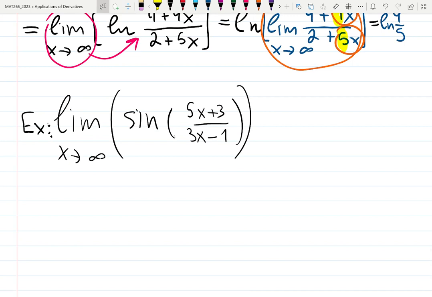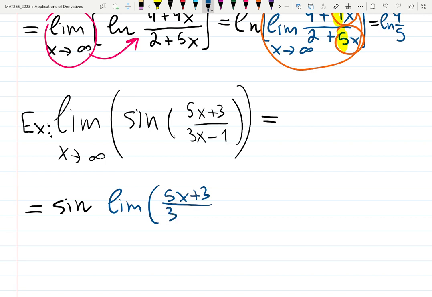How about this one? Instead of log, there's a sine. So there's a function inside of the sine. Let's do the same thing. We don't even need to be bothered with logs this time. A limit will go inside because the limit of sine exists. Also, those functions are continuous, so it's also nice to have that. So we're going to have sine of the limit of (5x plus 3) over (3x minus 1).